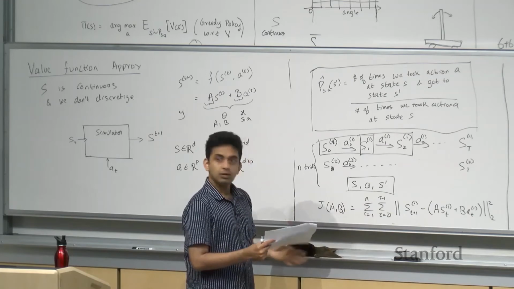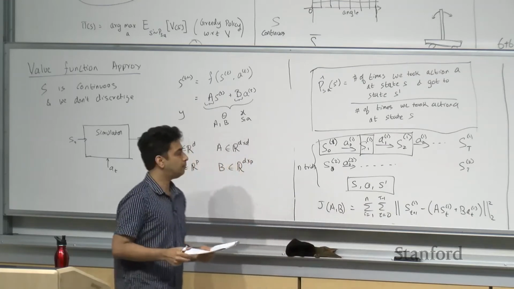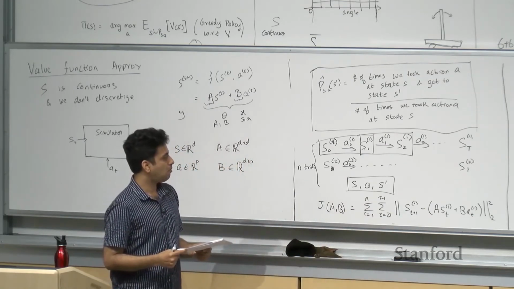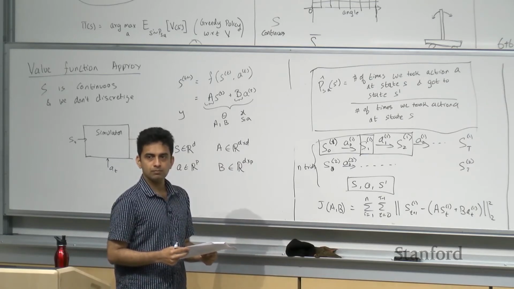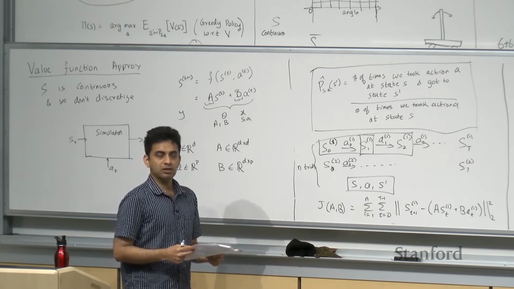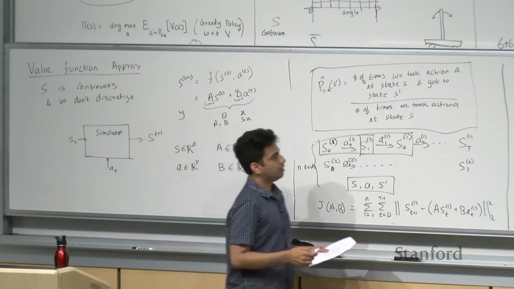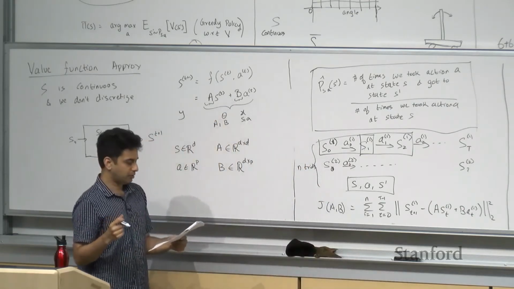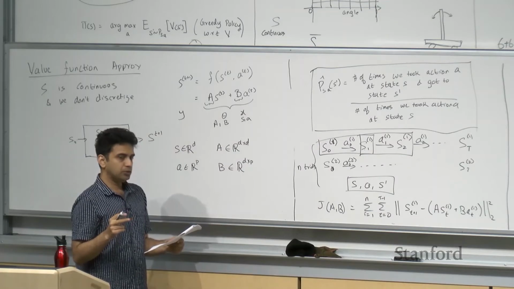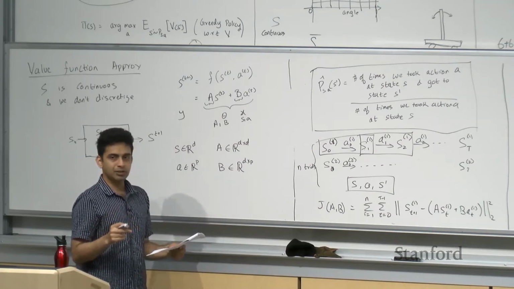Yes, question? In the next step when we consider policy, it will be a function because we are giving a continuous value of S, the current state, and it will be telling us an action which will also be a real value. So the question is, in a continuous setting, should the action also be real valued? It need not be. You can have continuous states but still discrete actions.